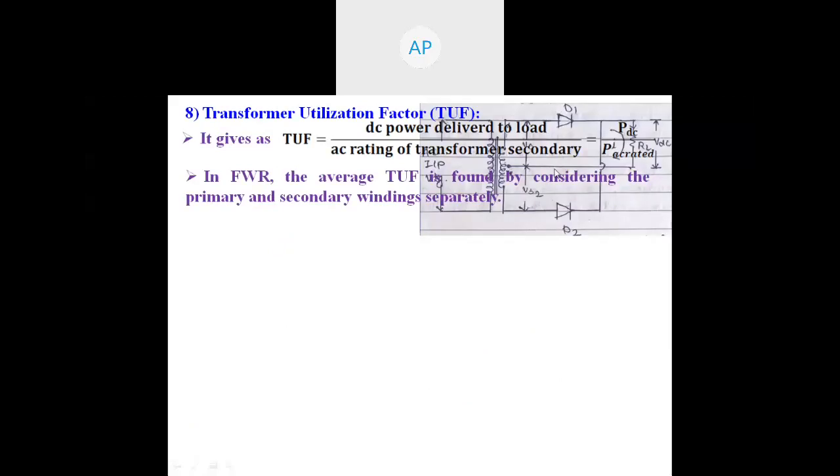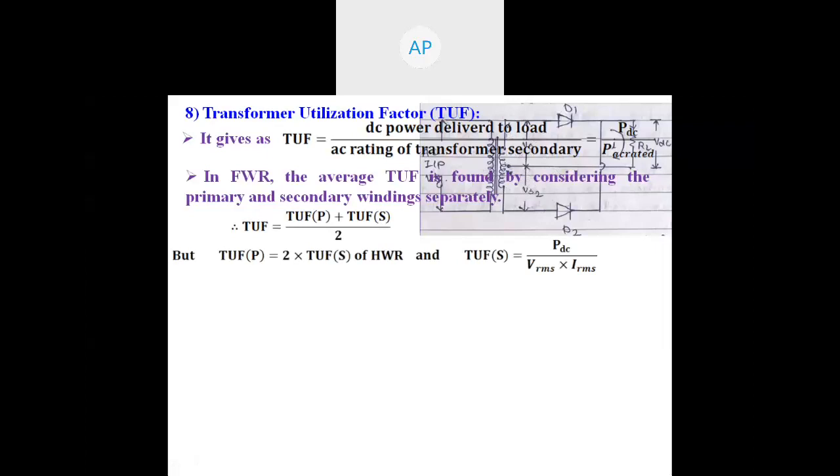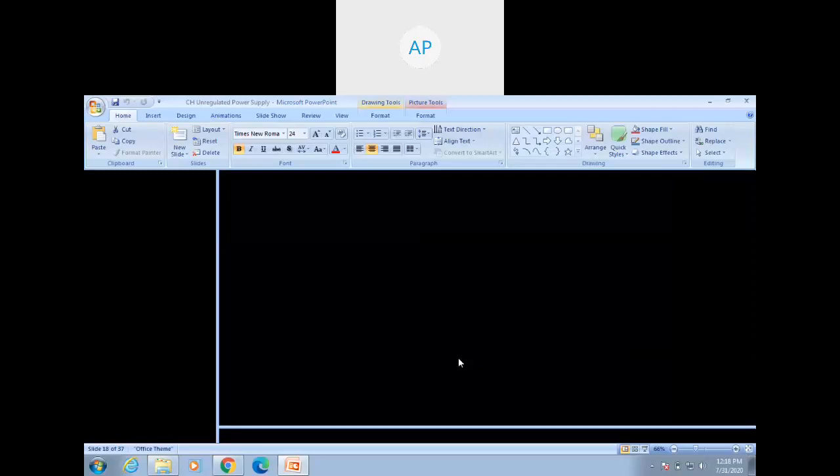So we need to find the transformer secondary upper half and lower half, and take the average of these two. Then you will have the TUF of our transformer secondary. Okay, so this is the discussion, guys.